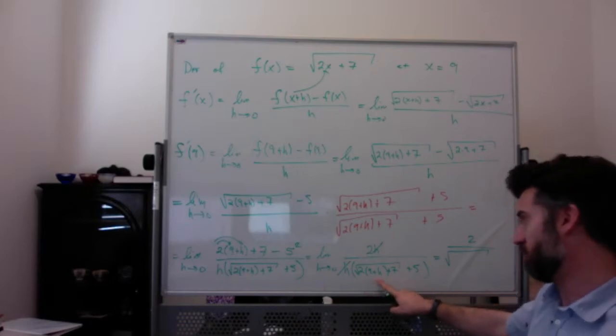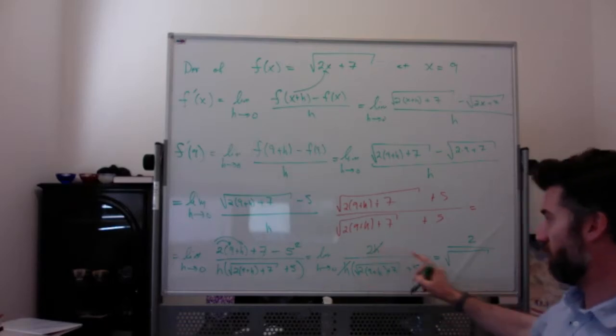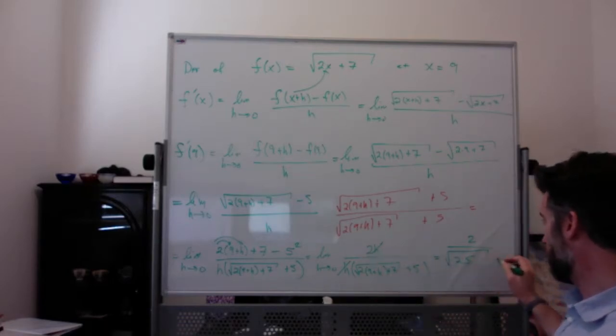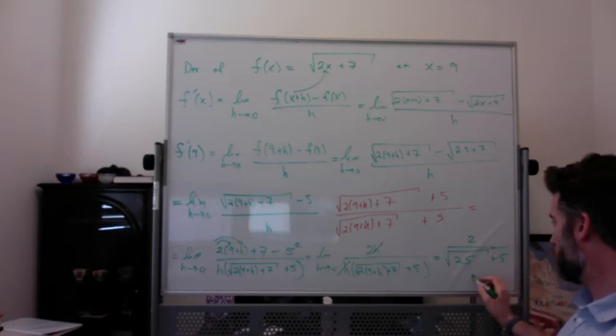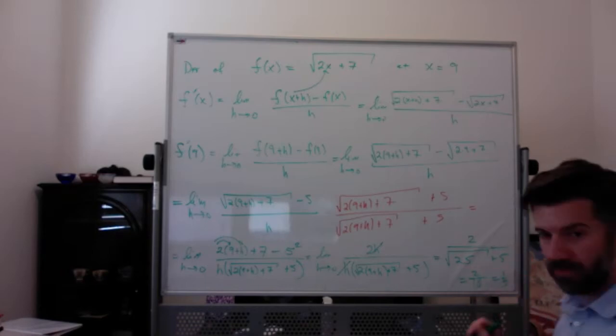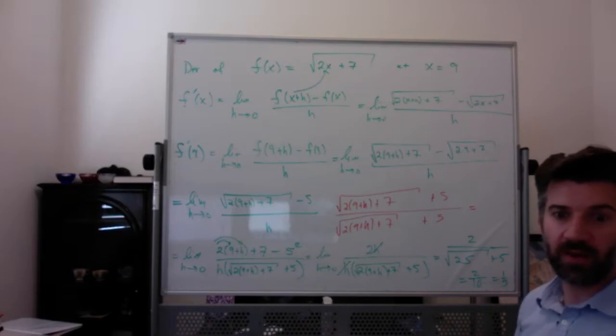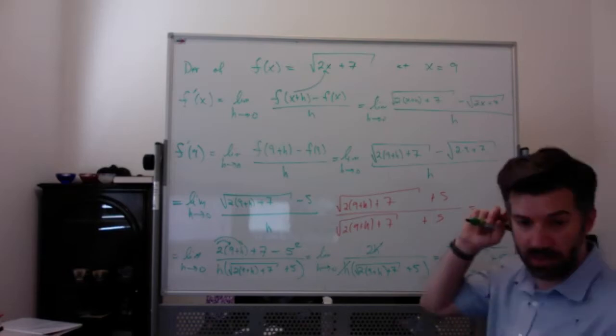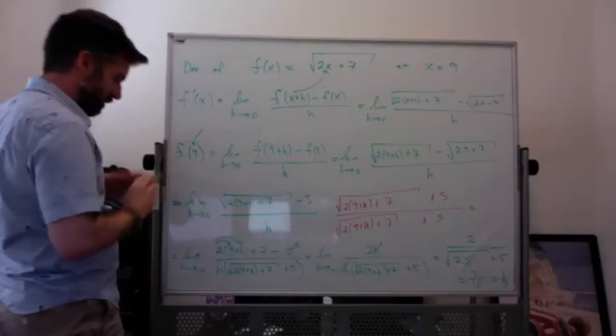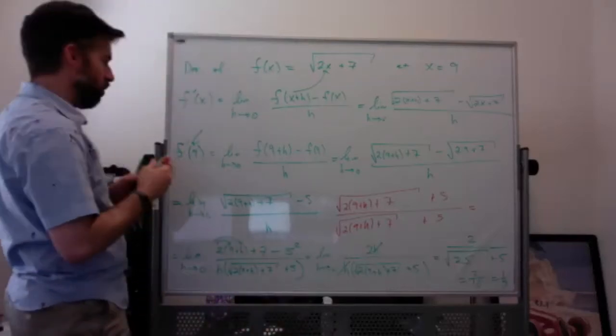So 2 times 9 is 18 plus 7 is 25. Square root of 25 is 5. The square root of 25 plus 5, which is just 2 over 5 plus 5, 2 over 10, which is 1/5. So that's the very general idea here, you're starting with f prime of whatever number you've got. So I think they're asking you for f prime of 1.